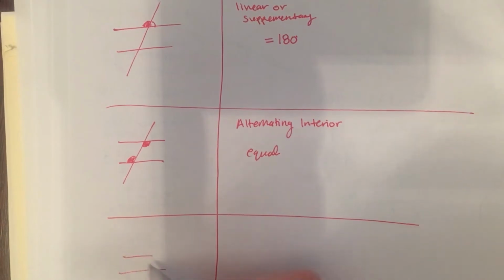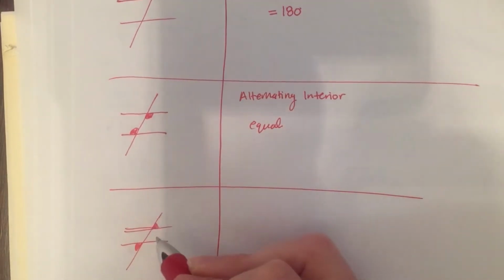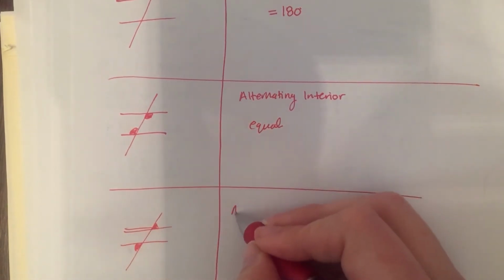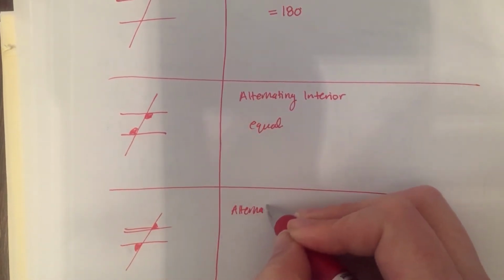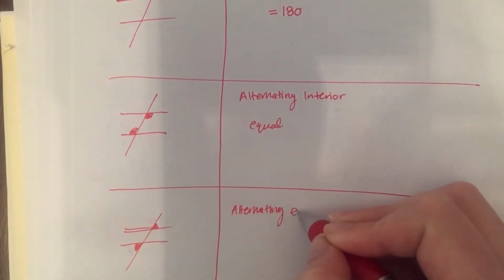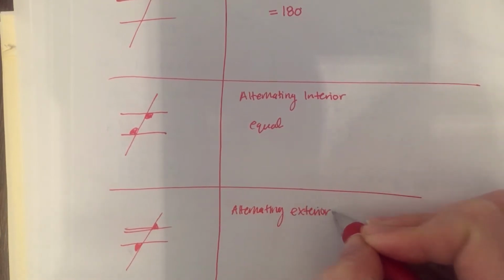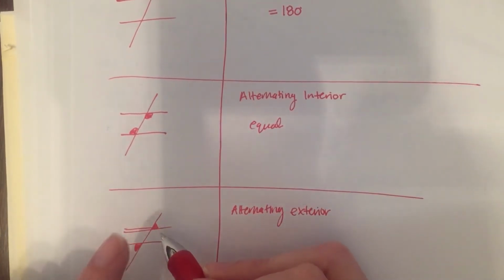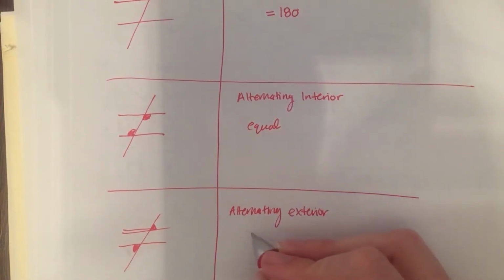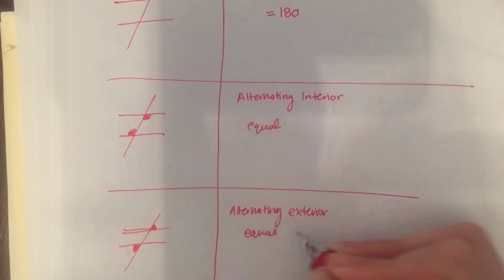When I have a transversal, and let's say I have this angle here and this one, they are alternating exterior, because they are on the outside of the parallel lines. They are also equal in size.